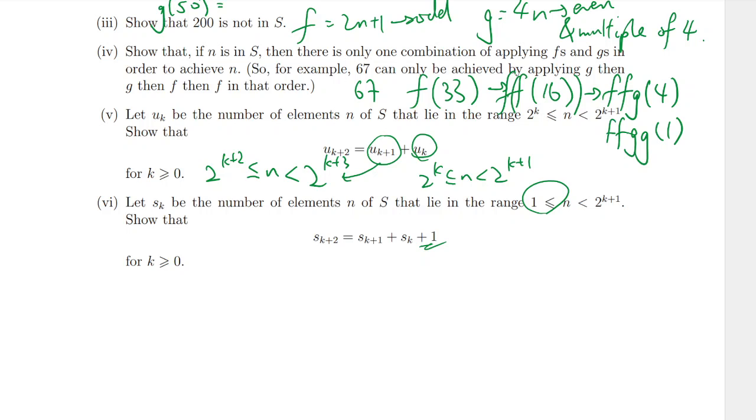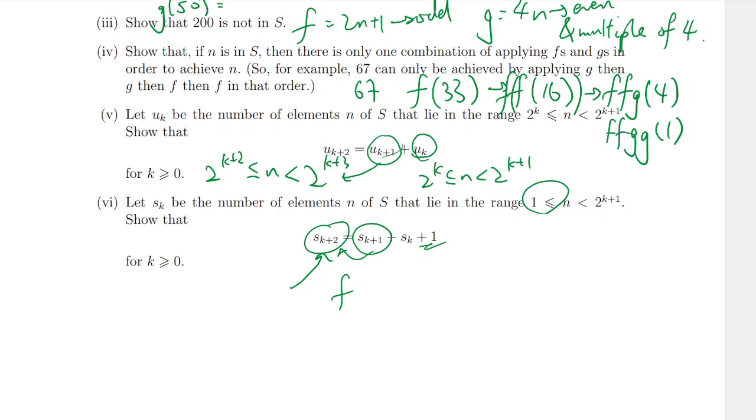Okay, so what can we do? Again, the logic is the same, right? Again, you got to think S_{k+2}, where could it come from, right? So if I apply F to S_{k+1}, then again, I'll get S_{k+2}, right? It's the same logic as the U's, right?